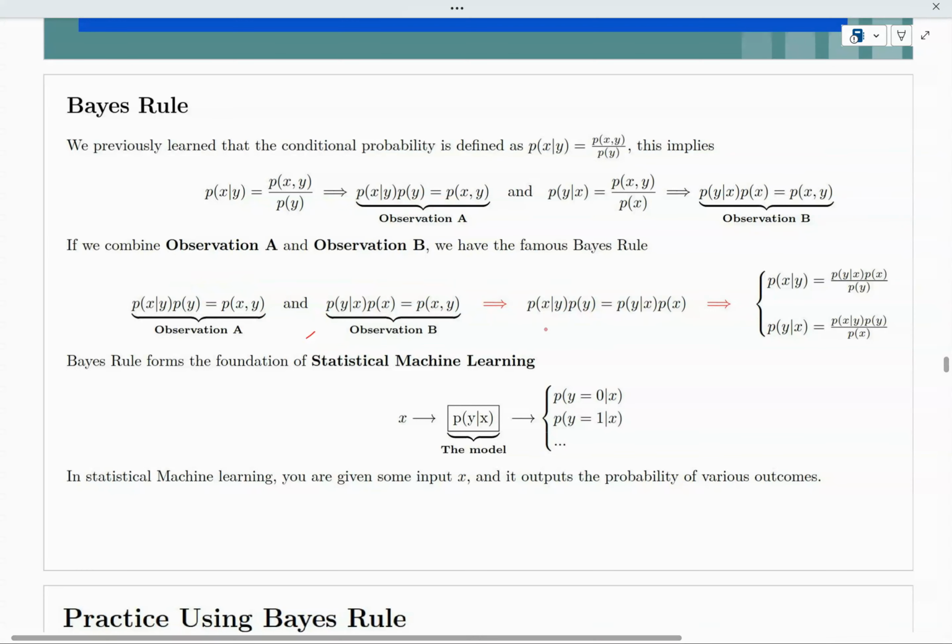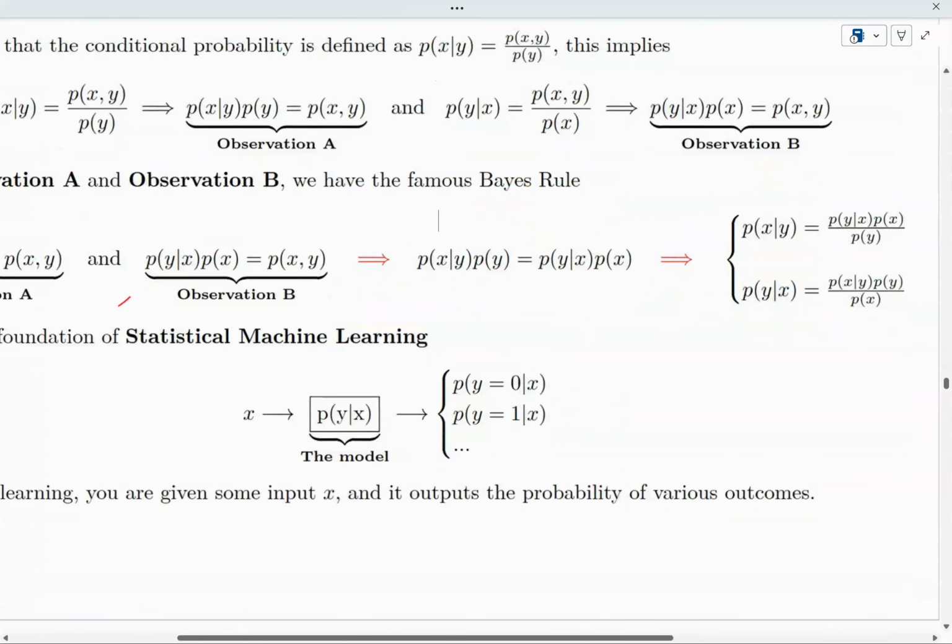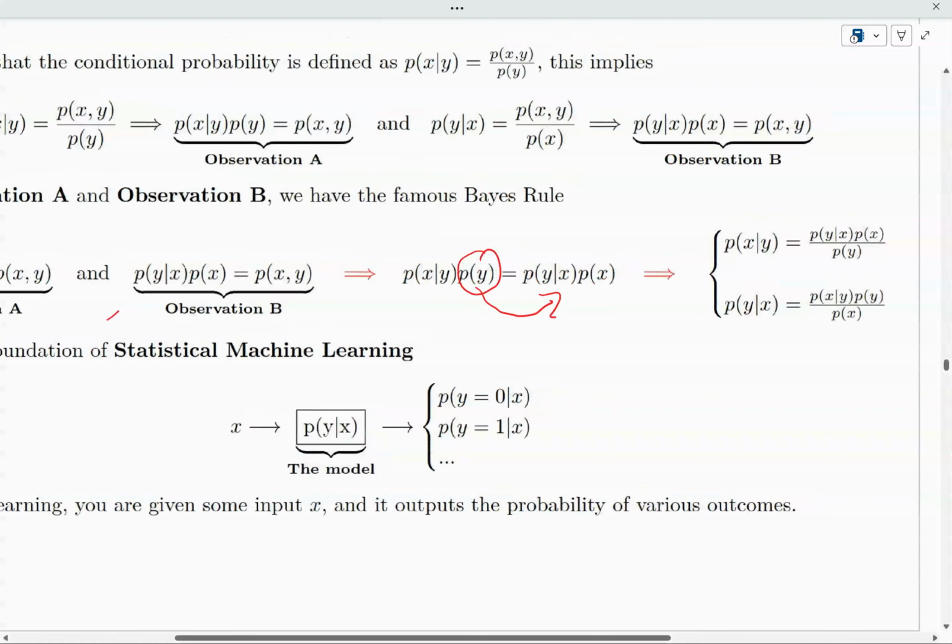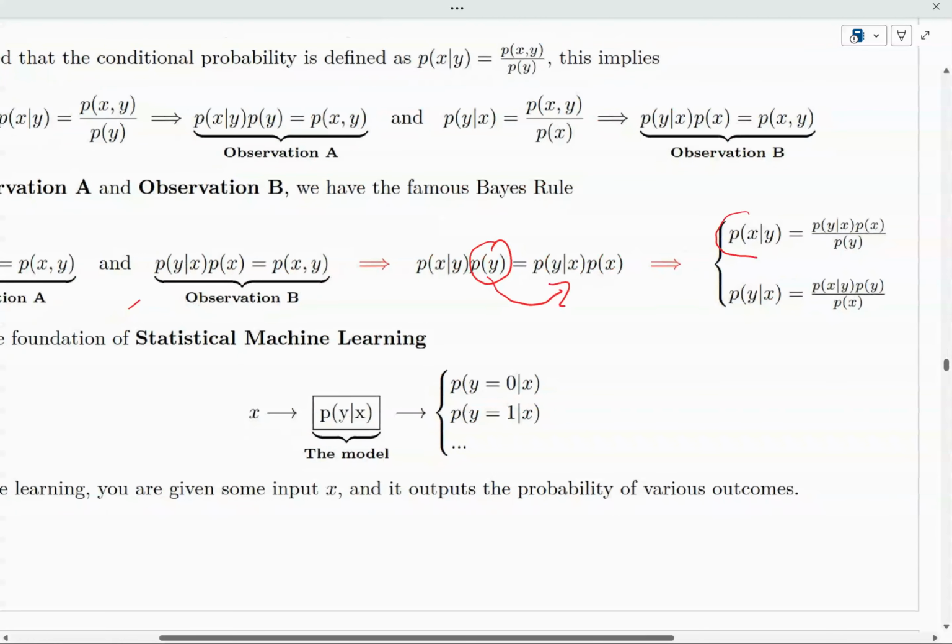Once we have that, this leads us to the famous Bayes rule. If we just move the probability of y here, then we have the probability of x given y is equal to this equation.